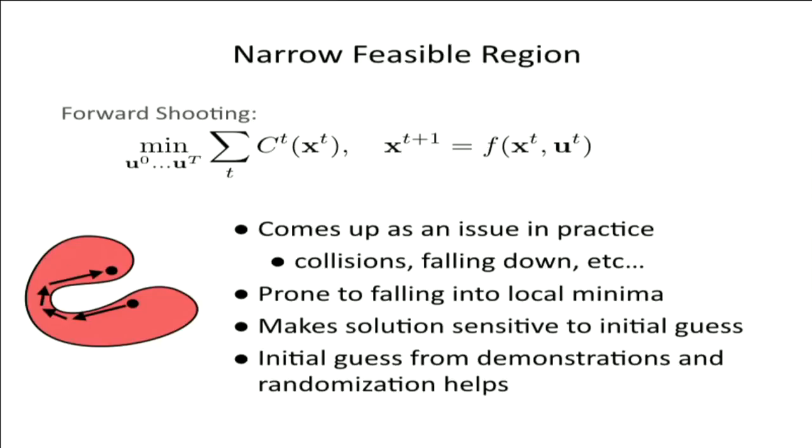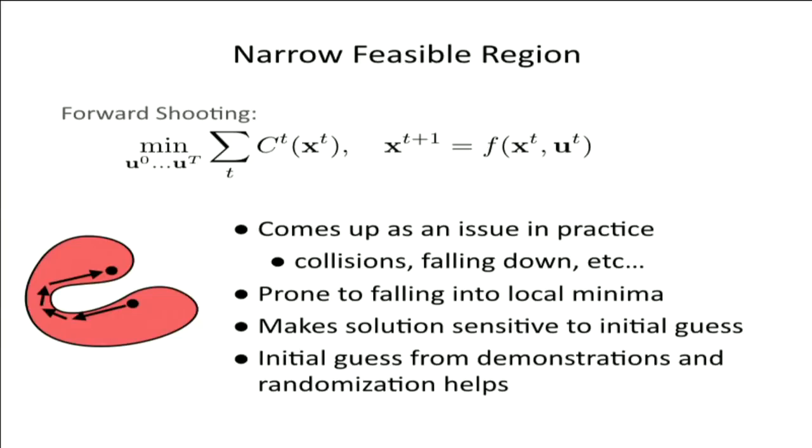Whereas if you're able to break the laws of physics for a little bit, you might have the hands collide through each other at first early on in the optimization, but then find a solution that doesn't have collisions later on. Or similarly, another way that this can come up in practice is if you're trying to optimize trajectories for humanoid motion, the initial guess would have the character, say, falling down a lot. And if you always have to satisfy physics, you may never get out of that minimum.